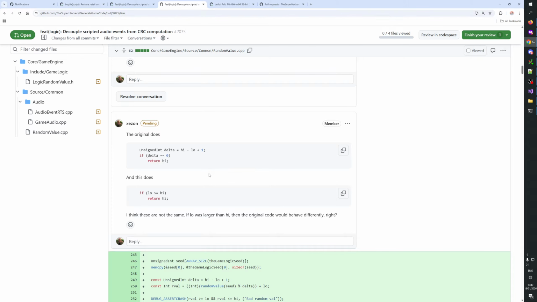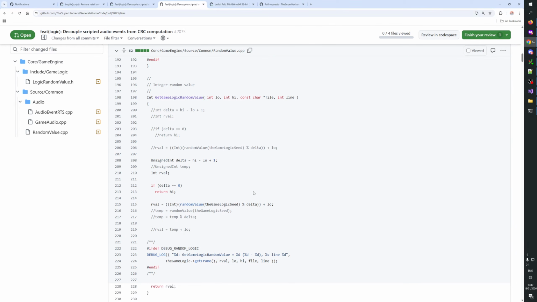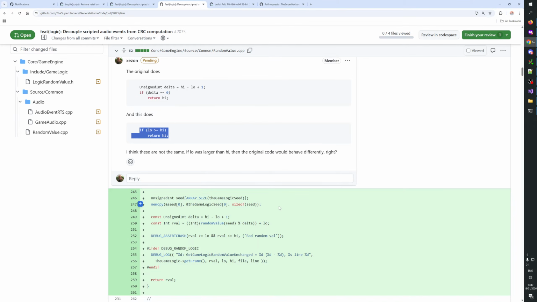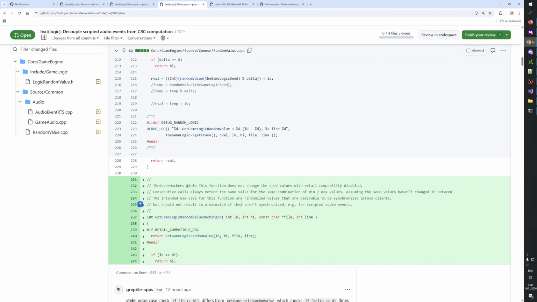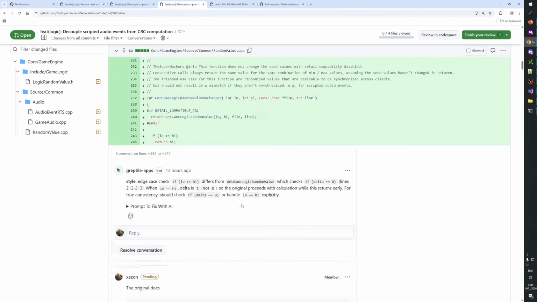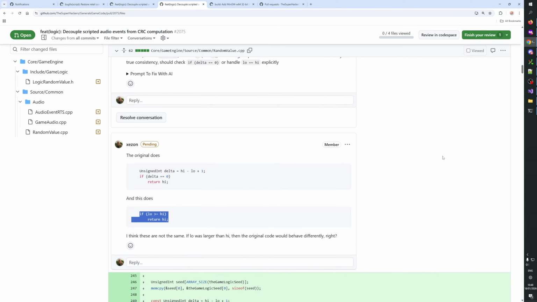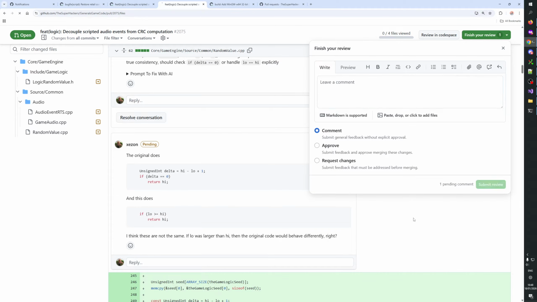I think it's not the same. I would stick to the original code and not this, but maybe I'm missing something here. Random value. Delta. Yeah, I'm not sure if this is correct here.